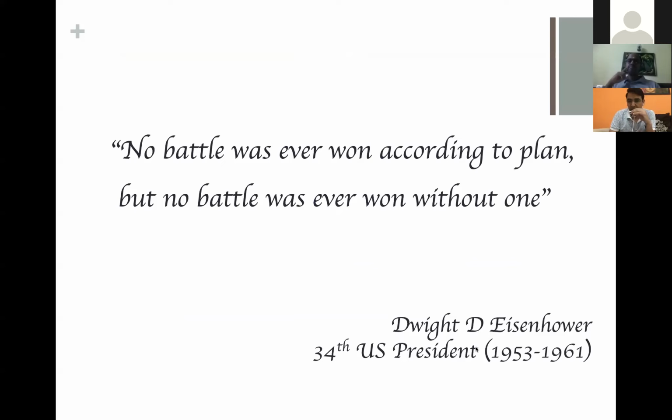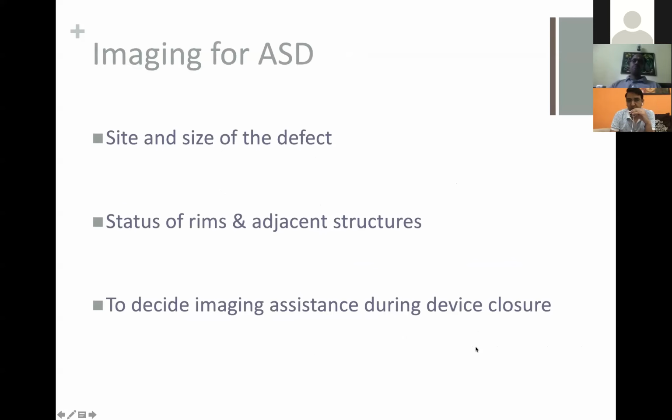That is very much true in ASD, because by imaging we can sort out a lot of issues related to ASD device closure, including the site and the size of the defect, the status of the rims and the adjacent structures. It also helps us decide what kind of imaging assistance we need during device closure, whether it needs to be transesophageal assistance or we can do it under transthoracic echocardiographic assistance.